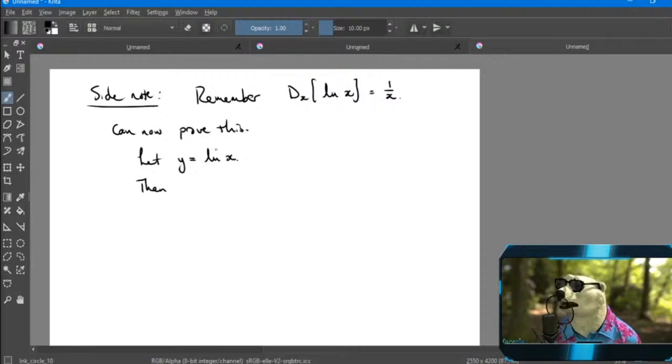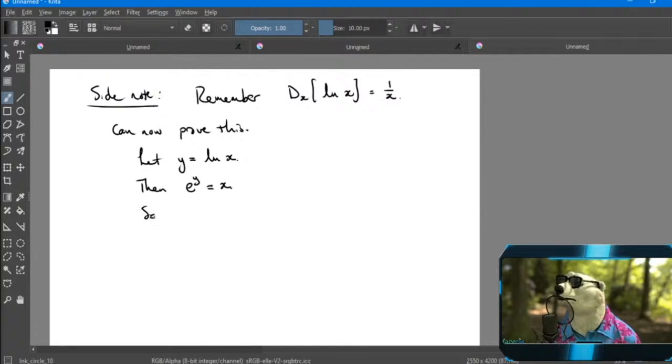I can rewrite this log equation as e to the y equals x. Essentially, what does this log mean as intuitively as possible? It represents the power of e that would give me an answer of x. Well, that's y. So e to the y would give me x.